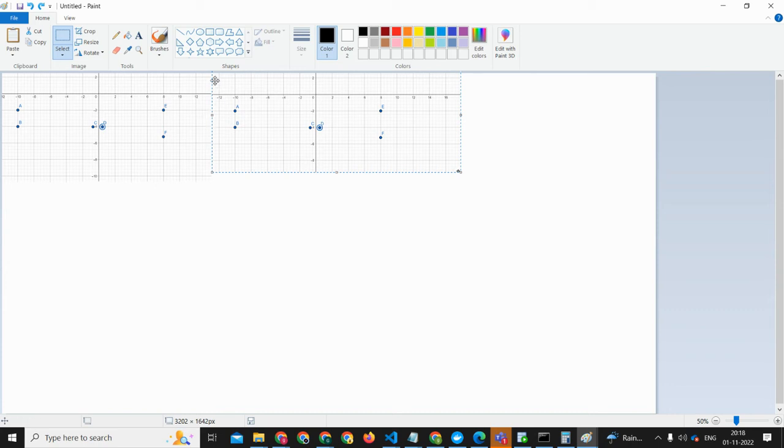Let's say that we are also having one point at this place. I'll just make a line here. This is going to be the middle line between the left six and the right six.